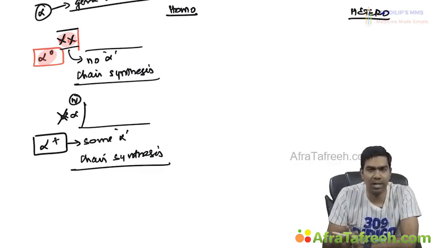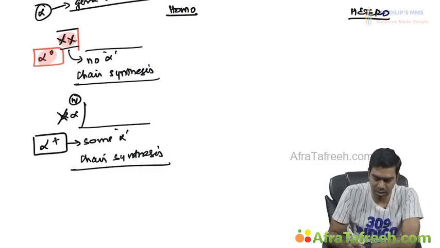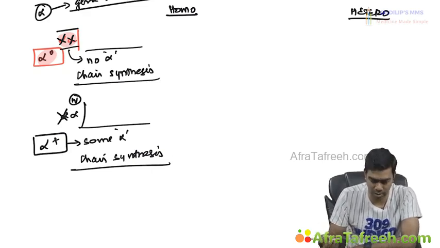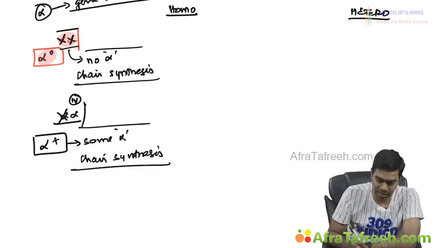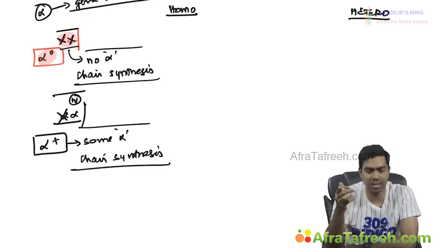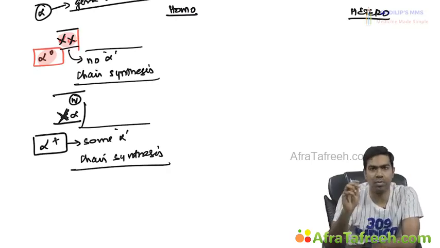I'm not talking about heterozygous here, because heterozygous is only defined once you look at the dad's allele as well. But if in the same allele only one gene is deleted and the other is normal, that allele is mutated, yet some alpha chain synthesis is still possible from it, whether from mom or dad. This is what we call alpha plus.